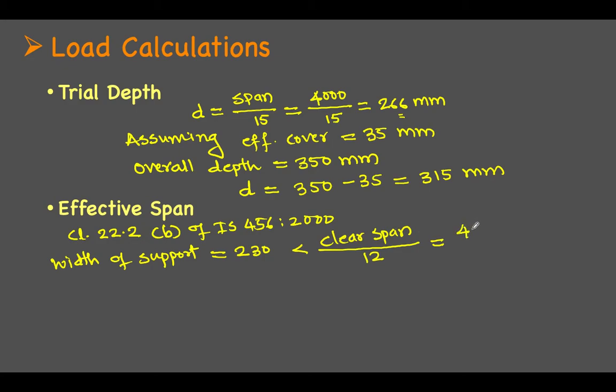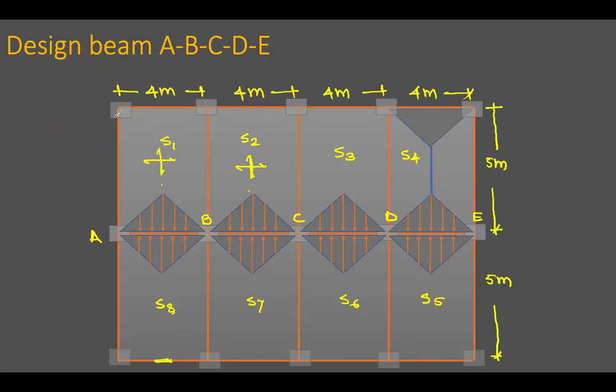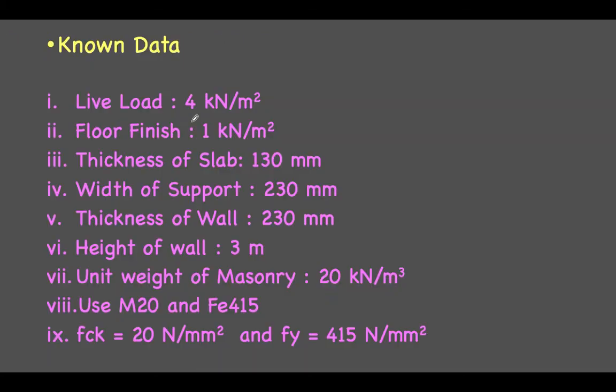Whatever is this 4000, it is center to center of the support, right? Now we have to find out how much is the clear span. If I draw quickly a small beam over here, this is what is our clear span.